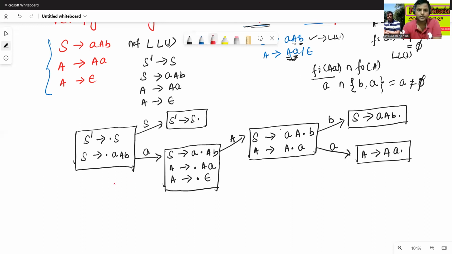So this one is the I0 state, this one I1, I2, I3, I4, I5.